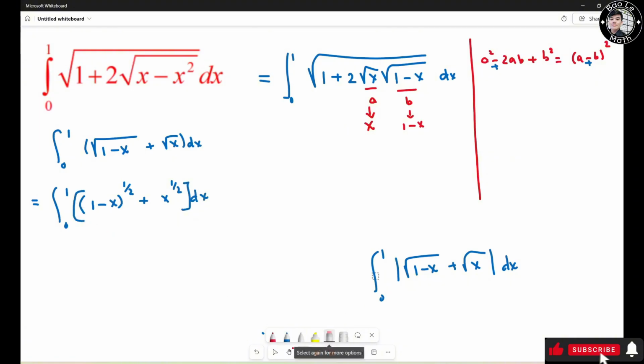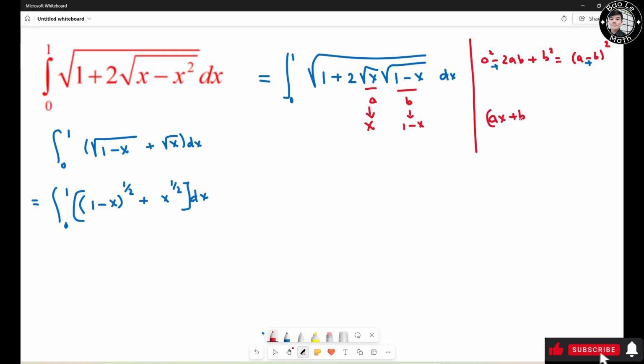Alright, now you have the formula: a times x plus b all together to the power of n. If you take the integral of this one, it turns out to be 1 over a times ax plus b to the power of n plus 1, over n plus 1, plus c. Right? Now go back over here.